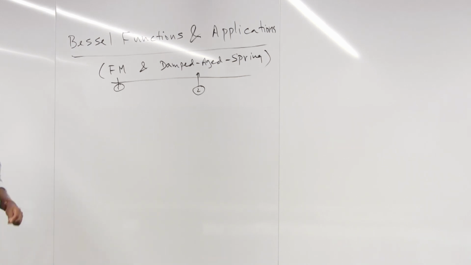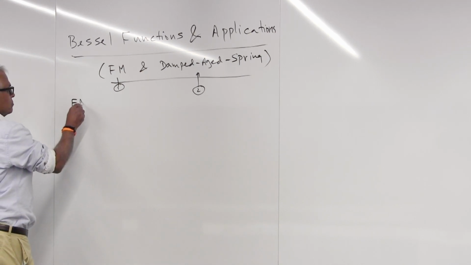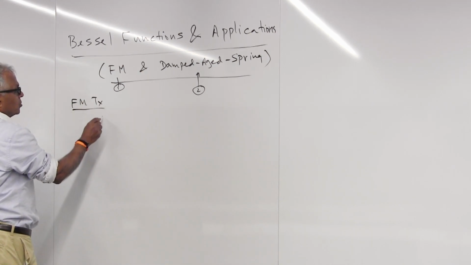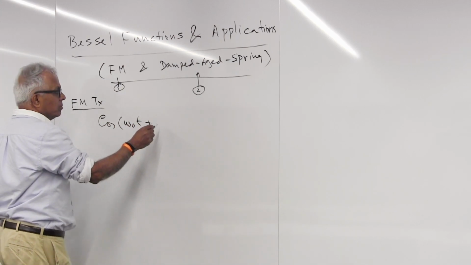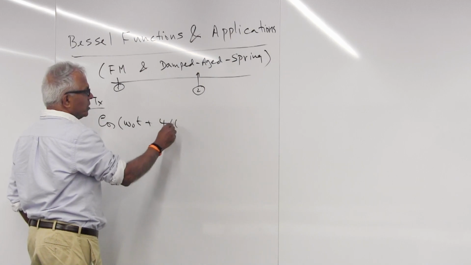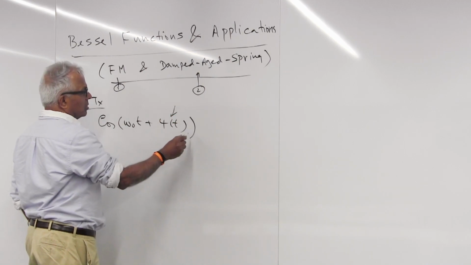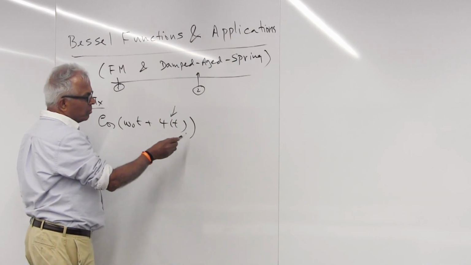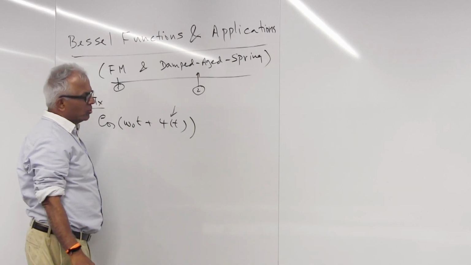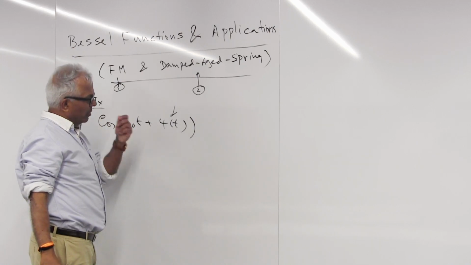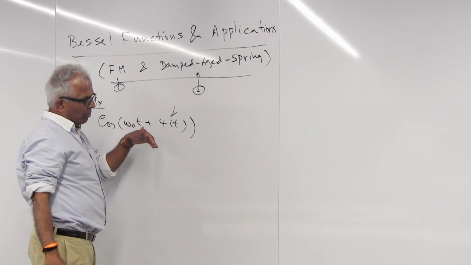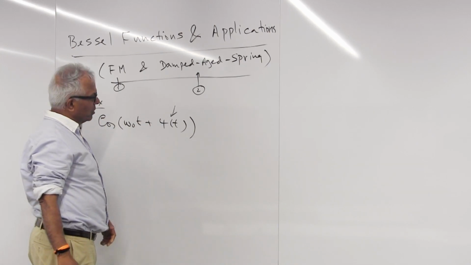So rather than introduce the Bessel functions, let's just start with the FM transmission. There you have a carrier, and then the phase part is where the message is. This could be frequency modulation or phase modulation, depending on whether the message is directly proportional to the phase or proportional to the instantaneous frequency.